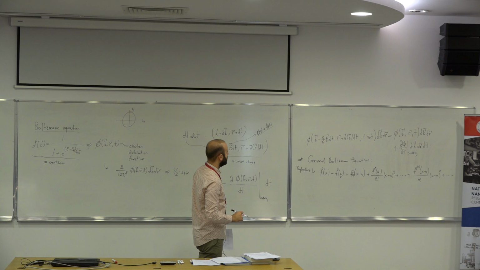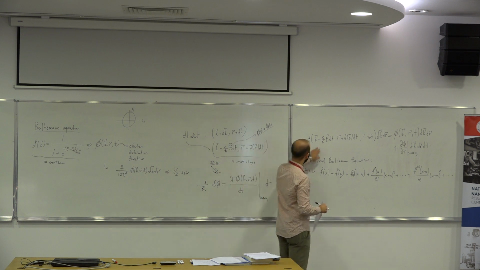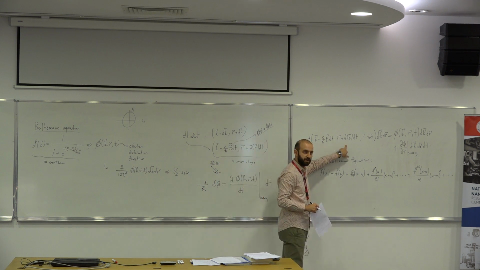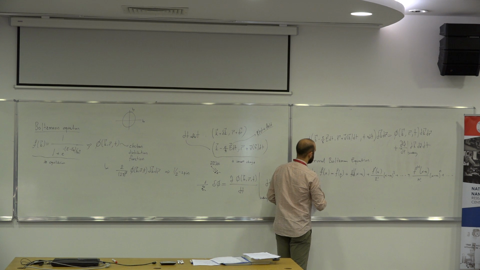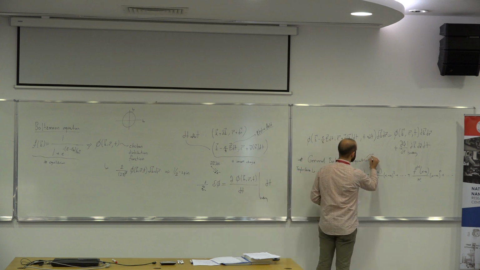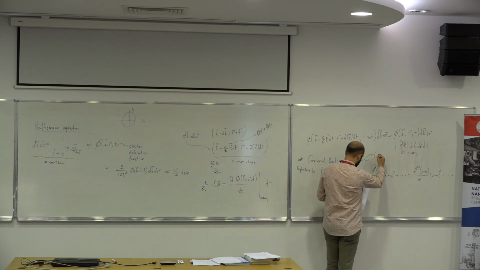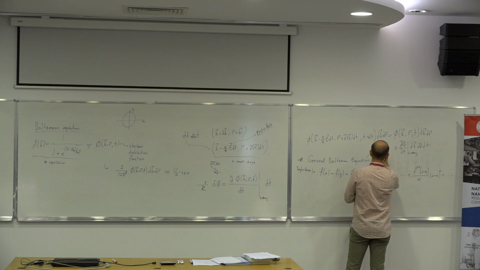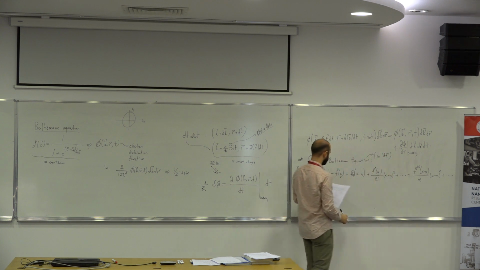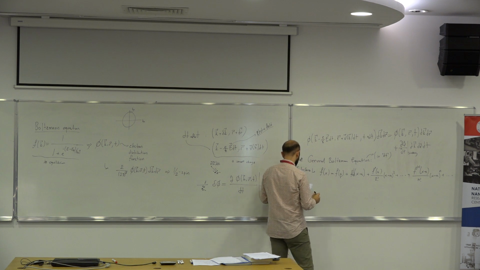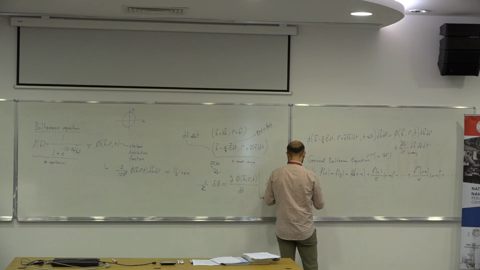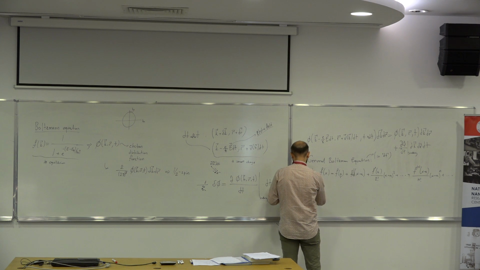And now if we do the same thing for this distribution function, for the first order in dt, so this general Boltzmann equation is a first order expansion in dt, okay? So what we can write down is going to be this.